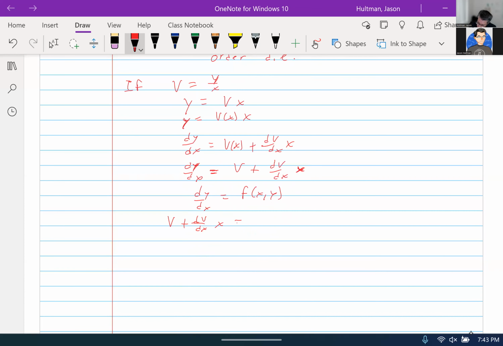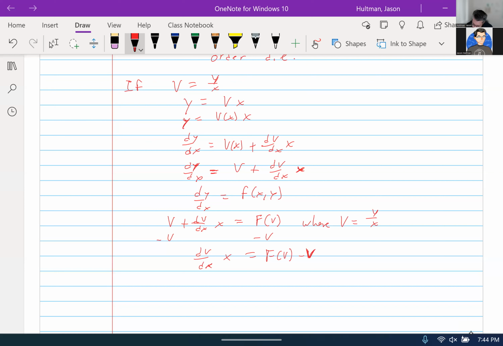Okay, that is equal to f of v, where v is equal to y over x. And so I'm going to subtract v on both sides. I get dv dx times x is equal to f of v minus v.